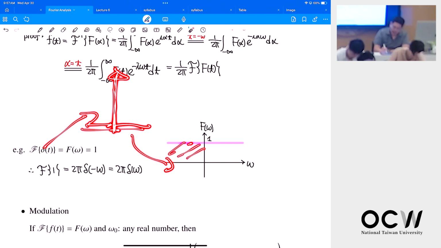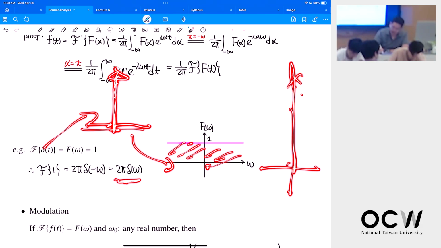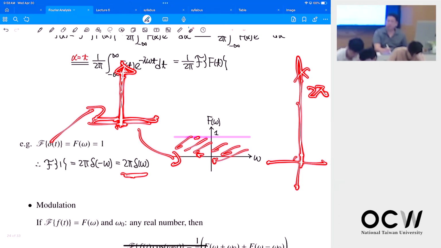The area is the same. I take the Fourier transform again. What do we have? 2 pi times the delta function. So it is still here, but multiplied by 2 pi. So if you take the Fourier transform twice, you go back to the same shape, but you have a scaling.